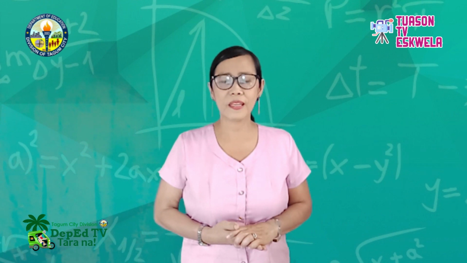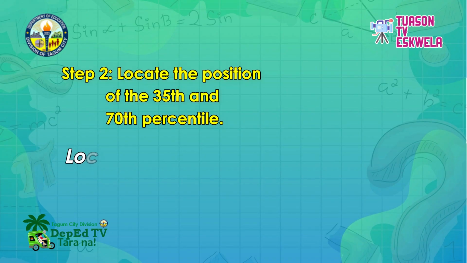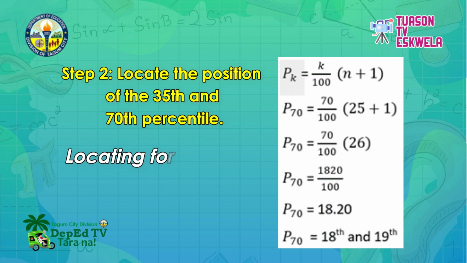And also, locating for the 70th or the P sub 70, position of P sub 70 is equals to k over 100 times the quantity of n plus 1, equals 70 over 100 times 25 plus 1, equals 70 over 100 times 26 equals 1820 over 100 is equals to 18.20.